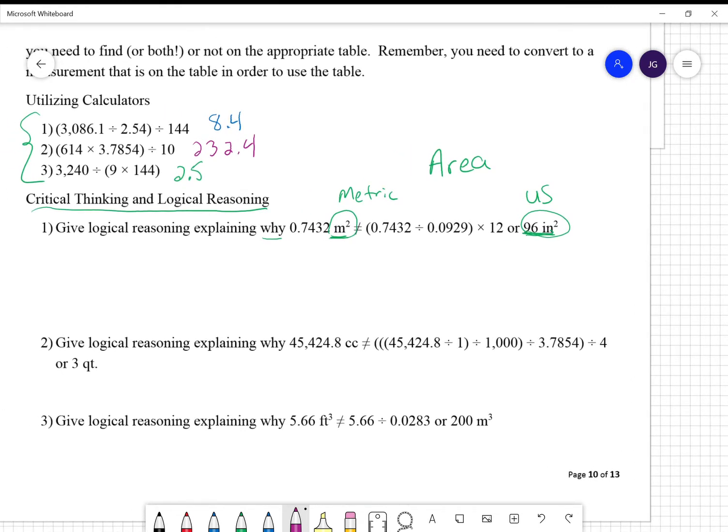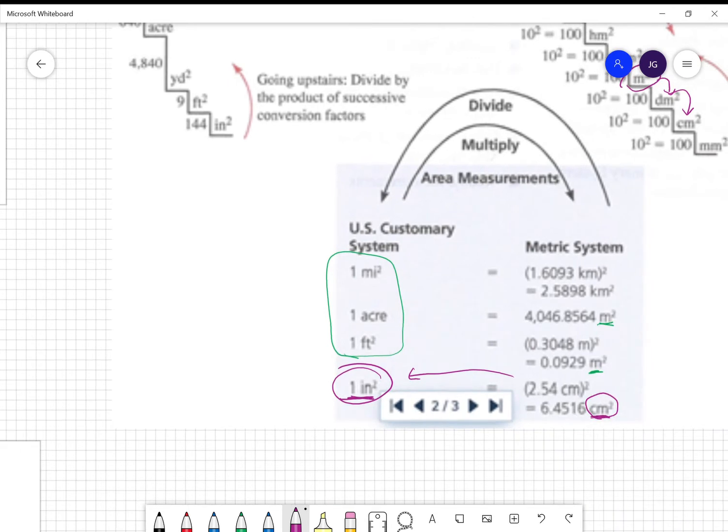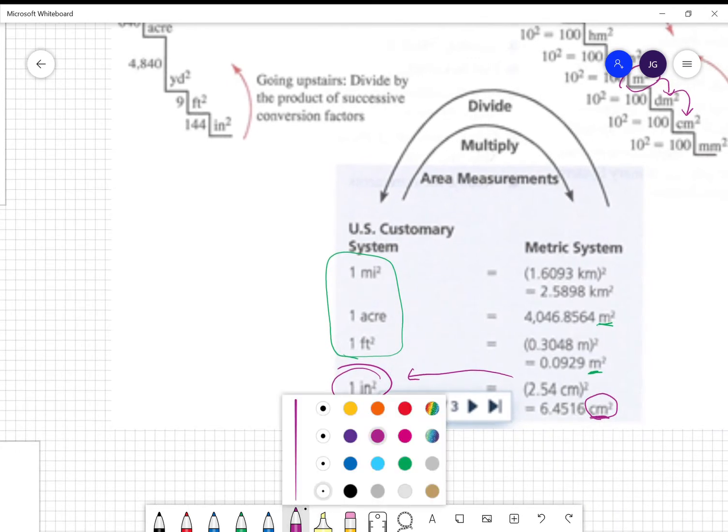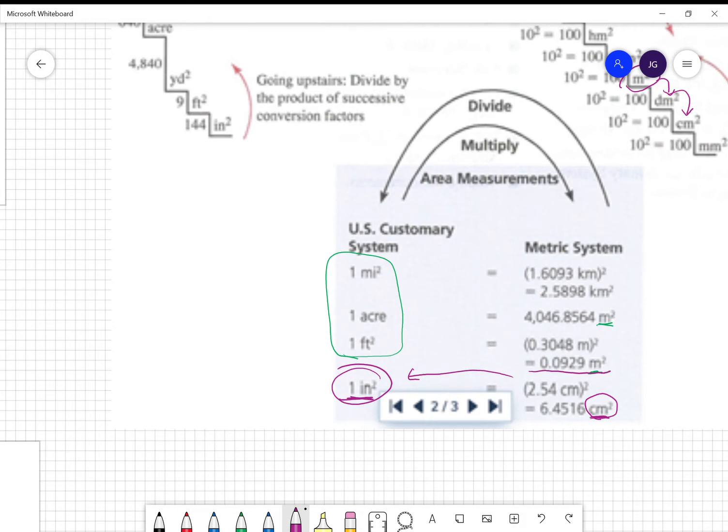Okay, actually I'm thinking I should probably do it the way that they did it. 0929. All right, I'm going to do it the way they did it. What they did was wrong, but we're going to find the error. Okay, so they started here at meters squared.